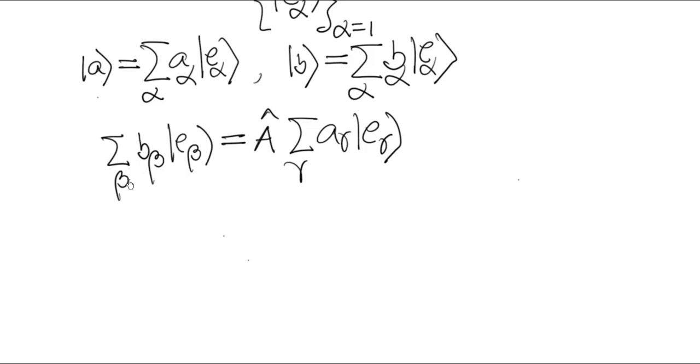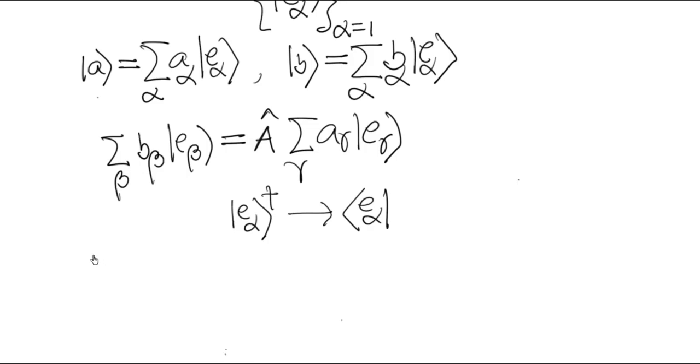Just to avoid complication, we have taken these sums like this. Now we want to take the inner product of this equation with ket E alpha, and taking dagger of this we get bra E alpha.